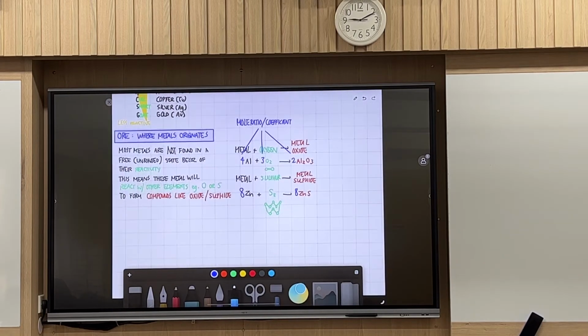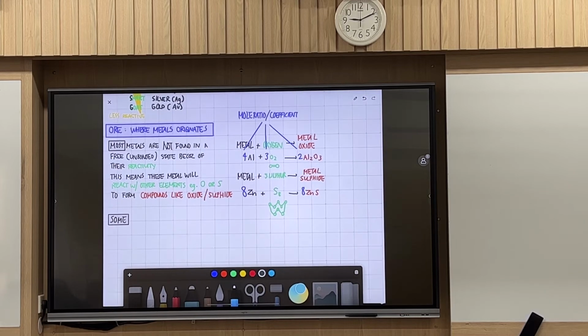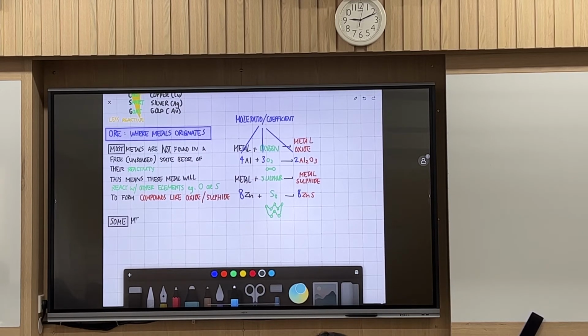Next up, many metals are not found in a free, unbound state because of their reactivity. Some metals, though, however, can exist in the free, unbound state because of their unreactivity.